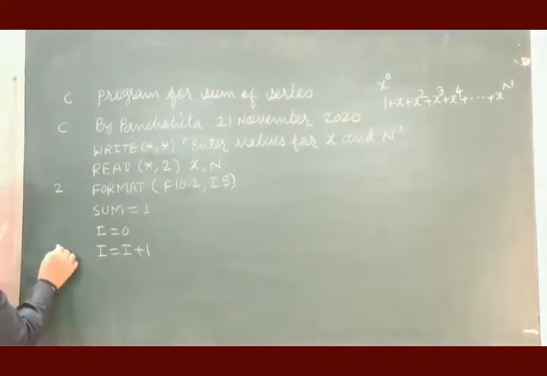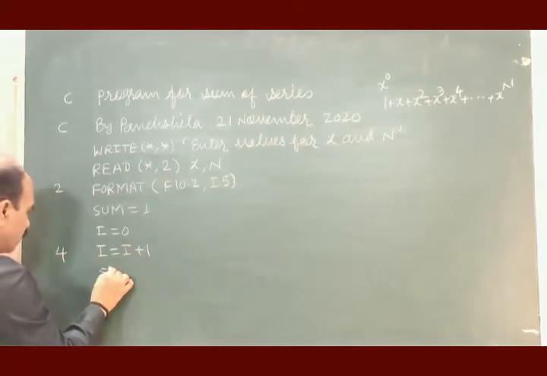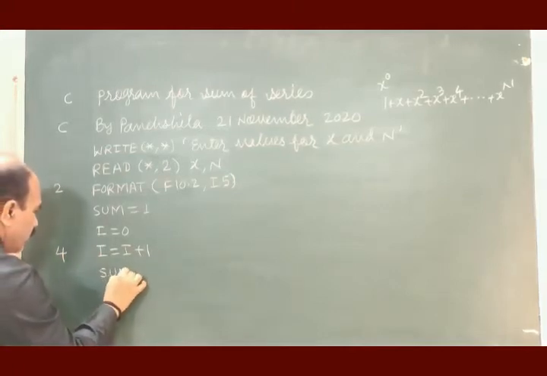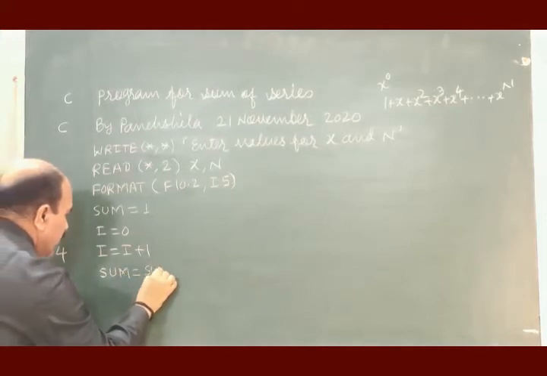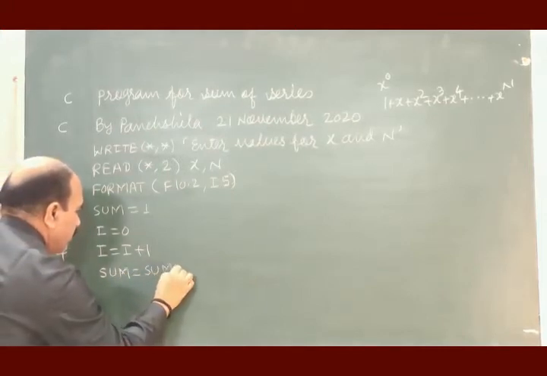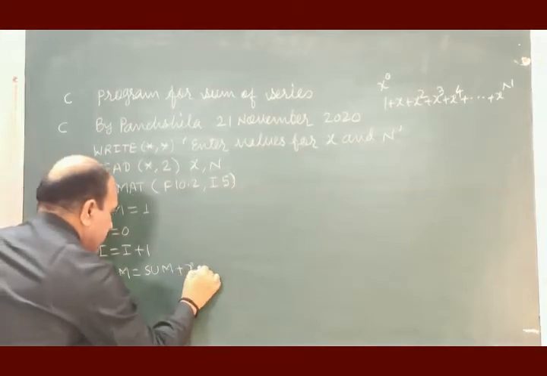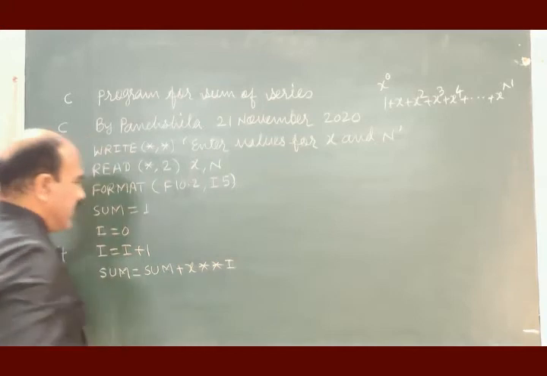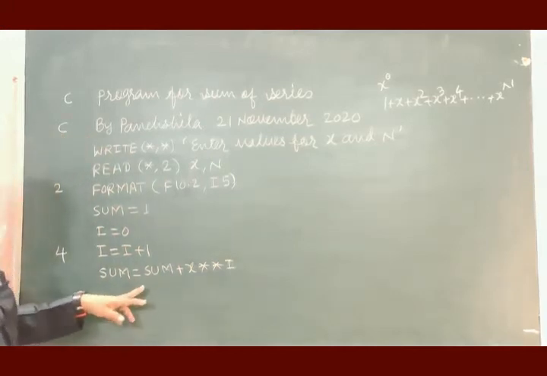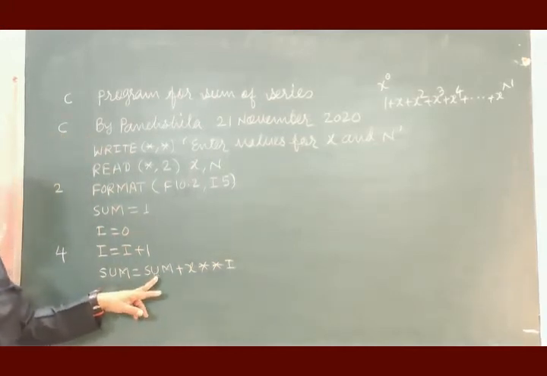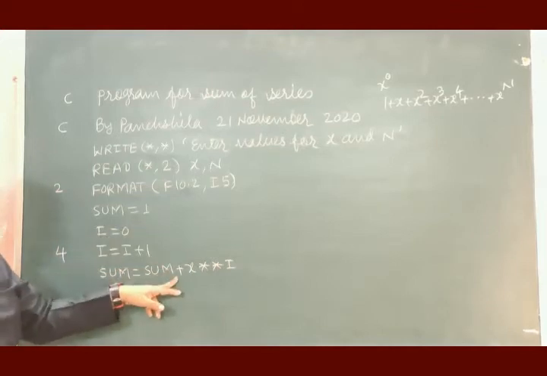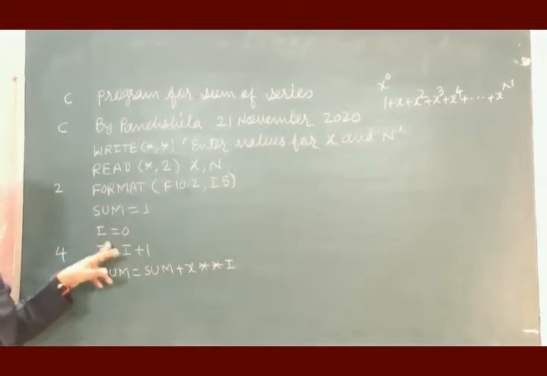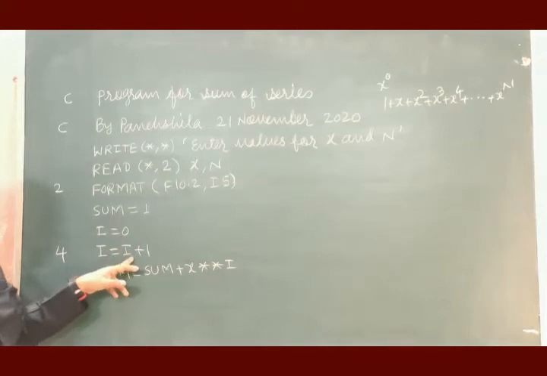Statement number 4: sum is equal to sum plus x to the power I. This sum is the old sum. Old sum is 1 plus x to the power I. Initial I is 0, I plus 1 is 1, x to the power 1.